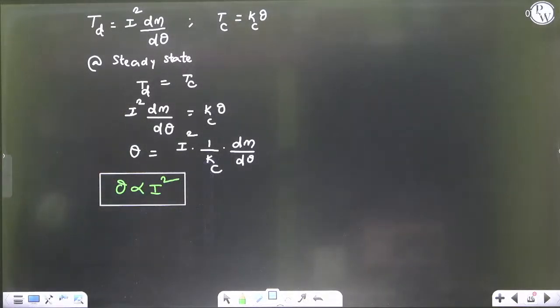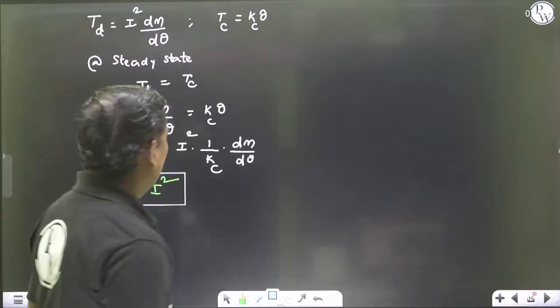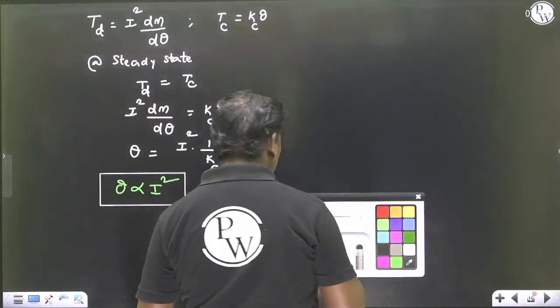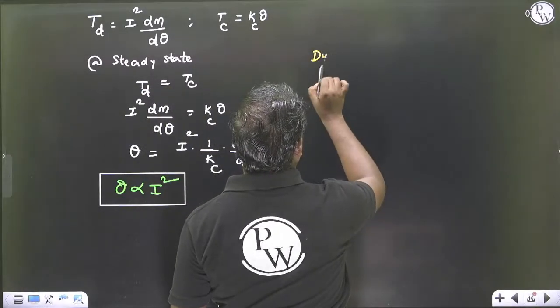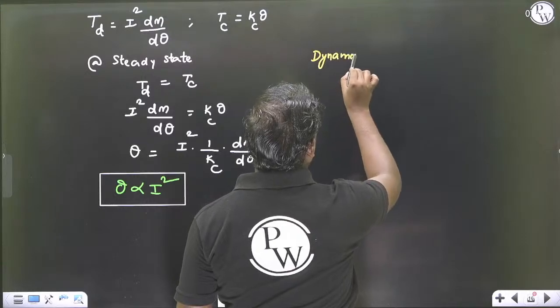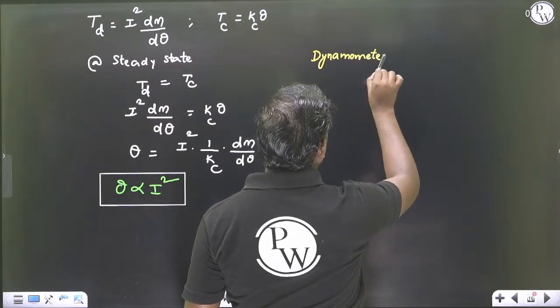Okay. Is it clear? So if you check the dynamometer ammeter graph, uniform or non-uniform?